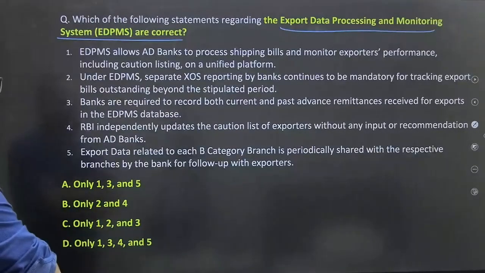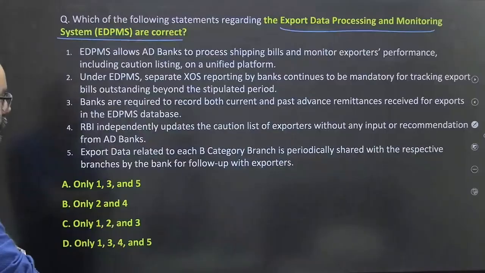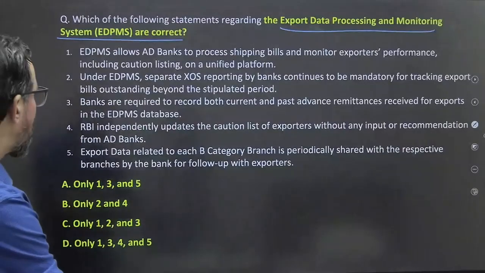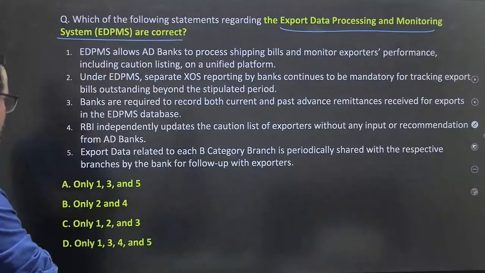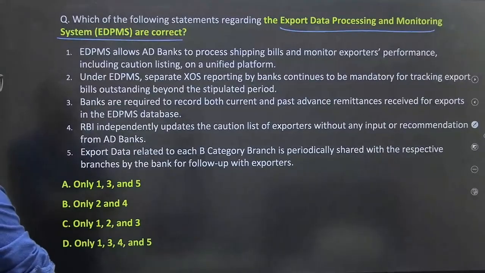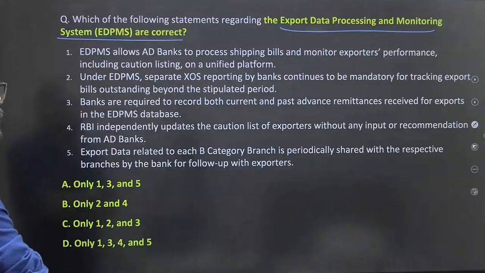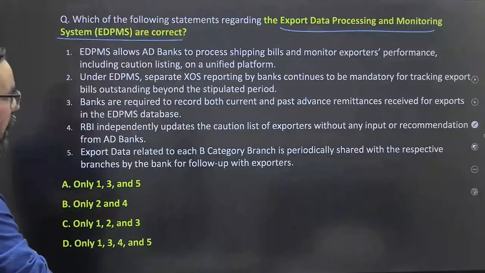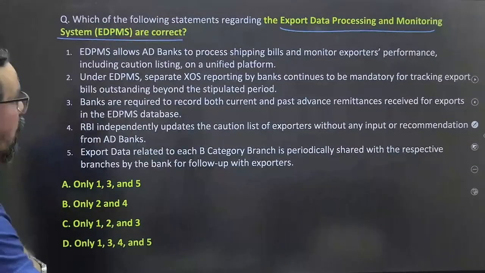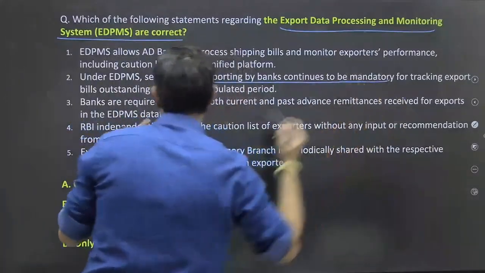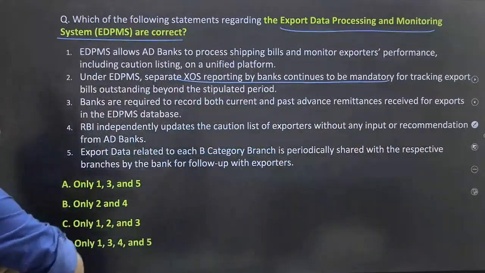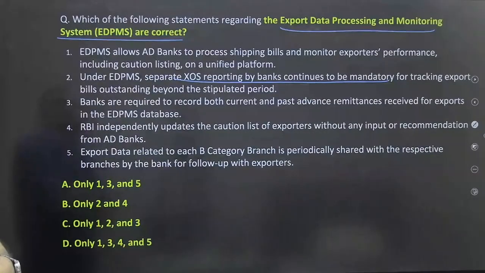EDPMS allows banks to process shipping bills and monitor exporters' performance, including caution listing, on a unified platform. ठीक है. Under the EDPMS, separate XOS reporting by the bank continues to be mandatory for tracking export bill outstandings. Okay. The third one is banks are required to record both current and past advances, remittances received from the exporters.